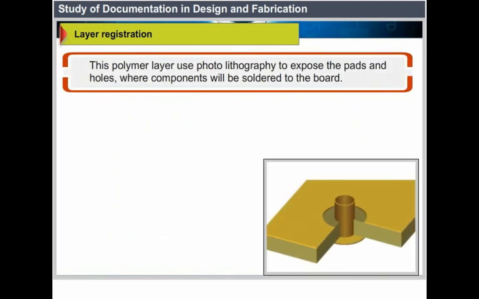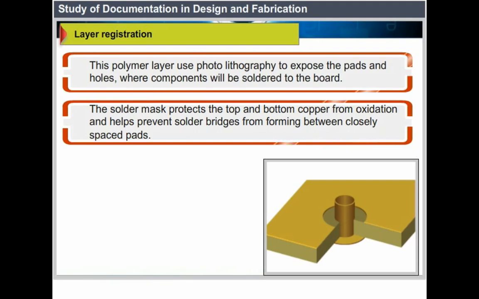This layer of polymer is patterned using photolithography to expose the pads and holes where components will be soldered to the board. The solder mask protects the top and bottom copper from oxidation and helps prevent solder bridges from forming between closely spaced pads.